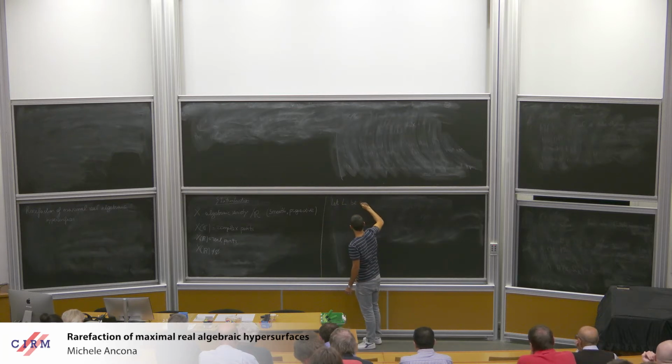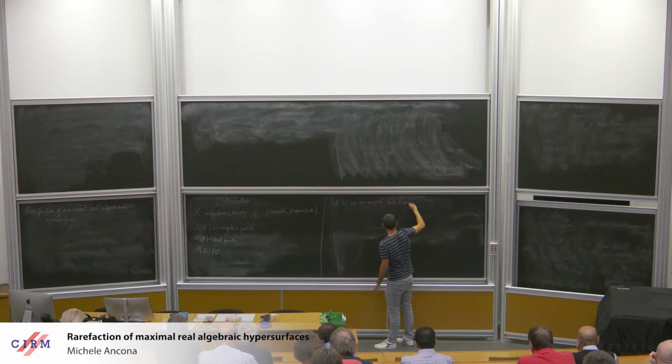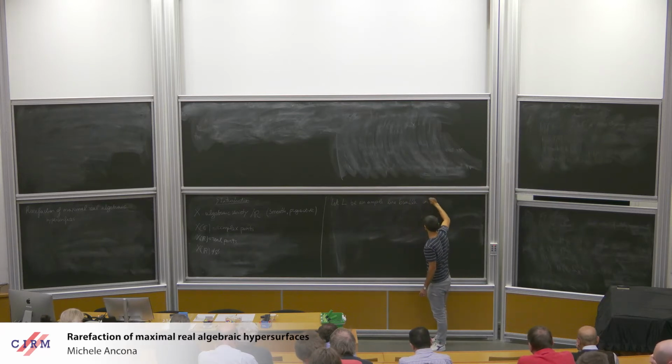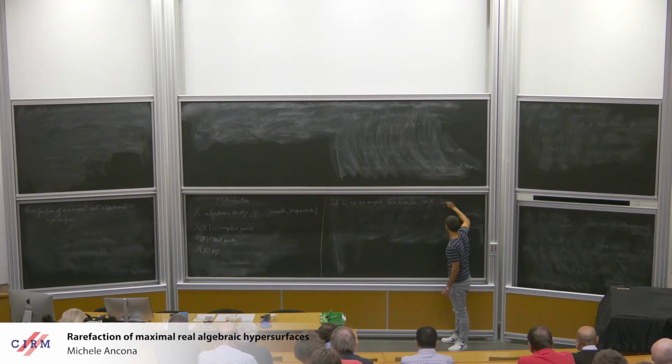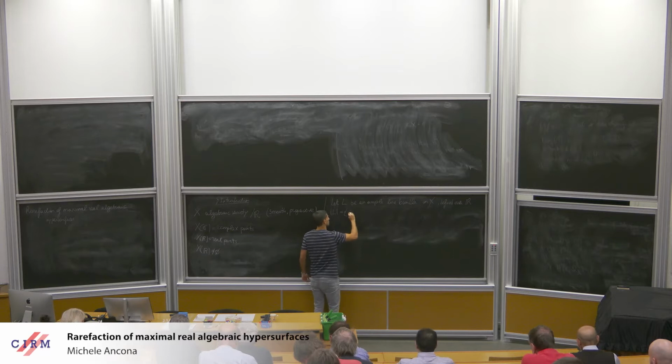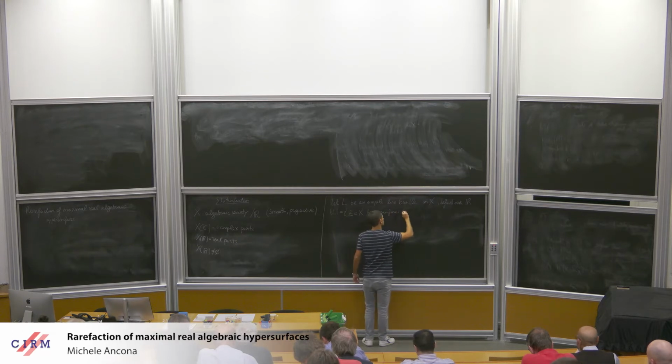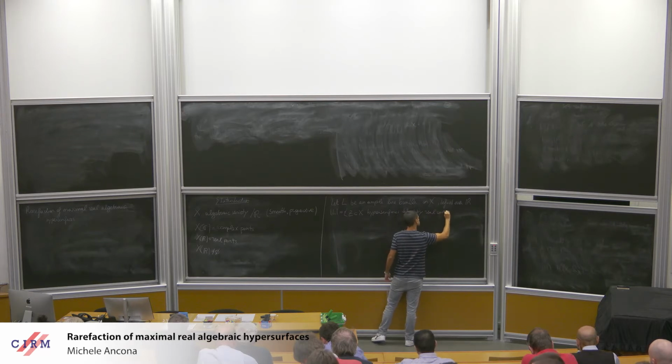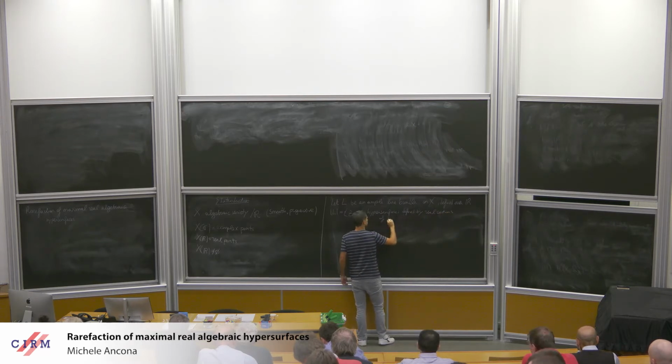Let L be an ample line bundle on X, also defined over R. And I will study the hypersurfaces in the linear system defined by L. So these are the hypersurfaces defined by real sections of L.